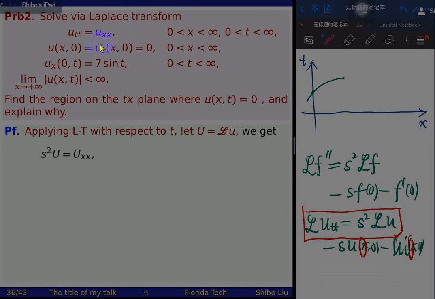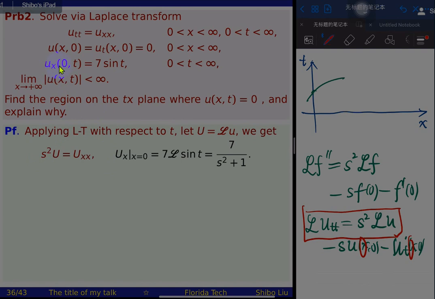And the right-hand side of the equation is the second order derivative of u with respect to x. So consider s as a parameter and x as the variable. Then this is a second order linear ODE. The boundary condition is what?